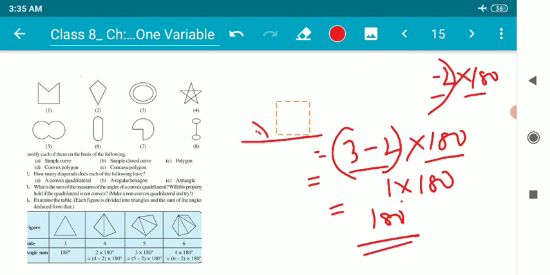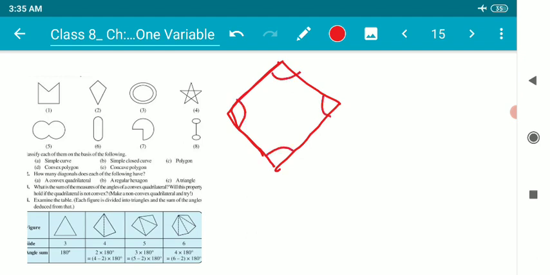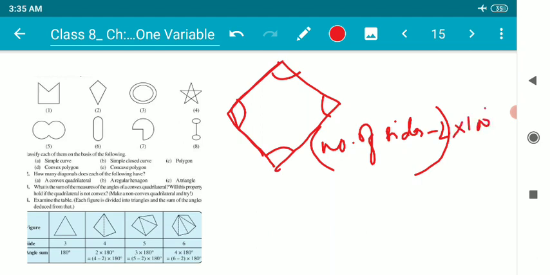Suppose I'm talking about a quadrilateral. We know that the sum of all the angles of a quadrilateral is always 360 degrees. So here are the interior angles. That we know right from class 5. But now we will apply the formula to check whether what we learned in junior classes is right or wrong. The formula is (number of sides minus 2) into 180 degrees.